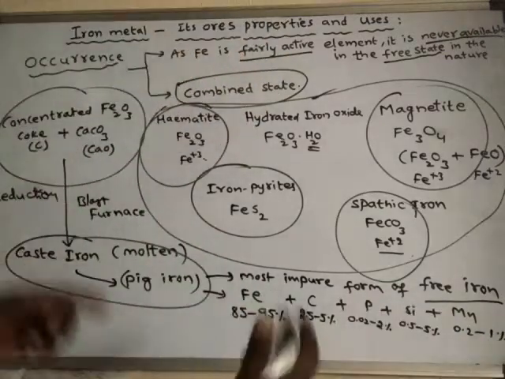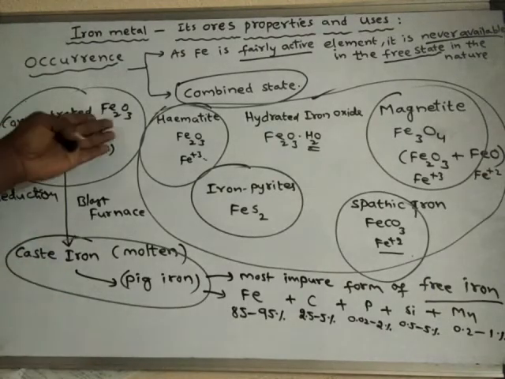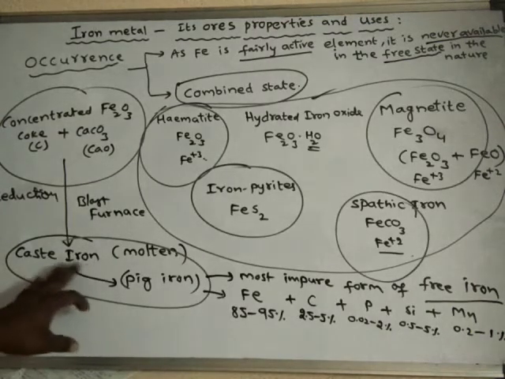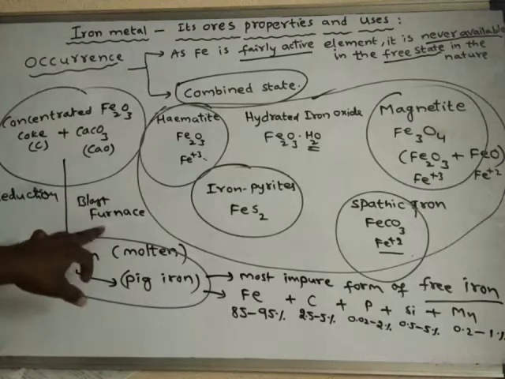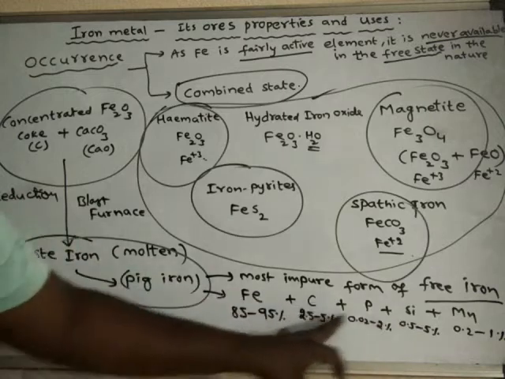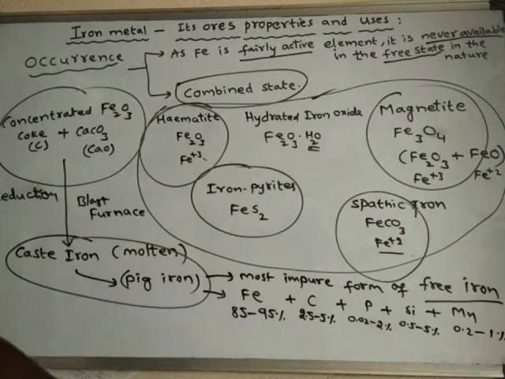Depending upon the area from which this cast iron or ore is mined, and the nature of the environment, the cast iron obtained in the blast furnace may contain these impurities in different percentages.